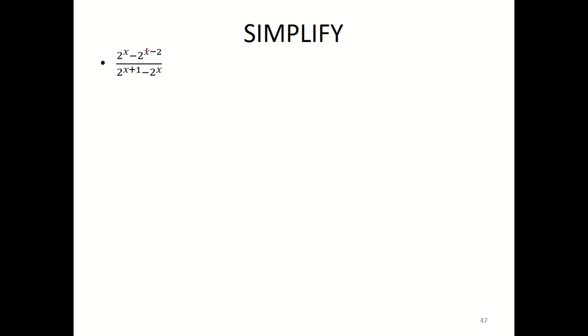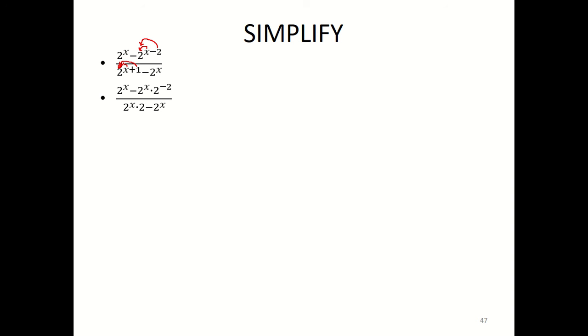I am going to give x a base of 2, and I'll give minus 2 a base of 2. In the denominator, I'm going to take this x and give it a base of 2, and take the 1, give it the base of 2. This is what I will have.